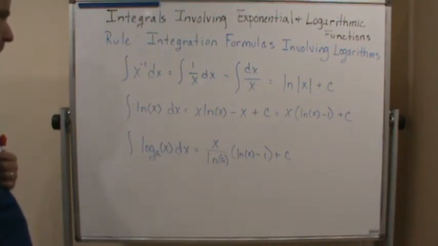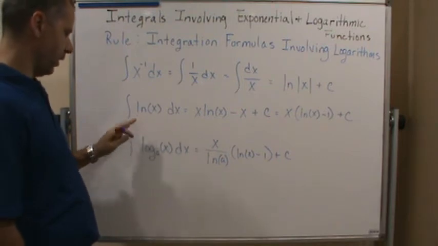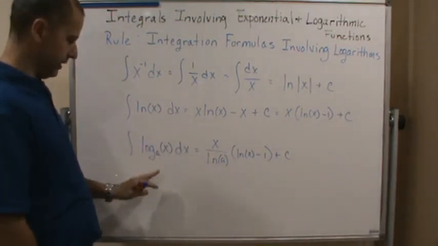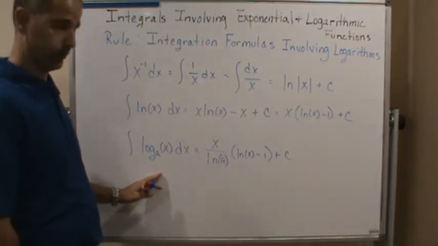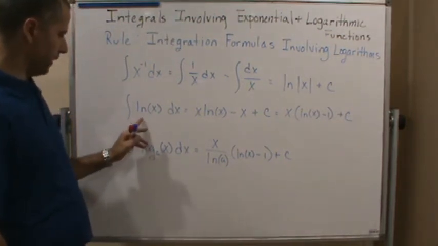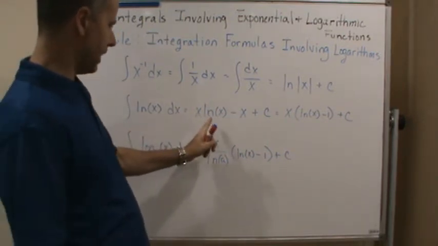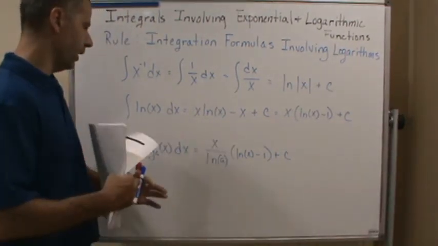Now, in this one here, this is a particular case, and the next is the general case. This one involves natural logs, and the other involves any log of any base. So the integral of the natural log of x is going to be x times ln of x minus x.